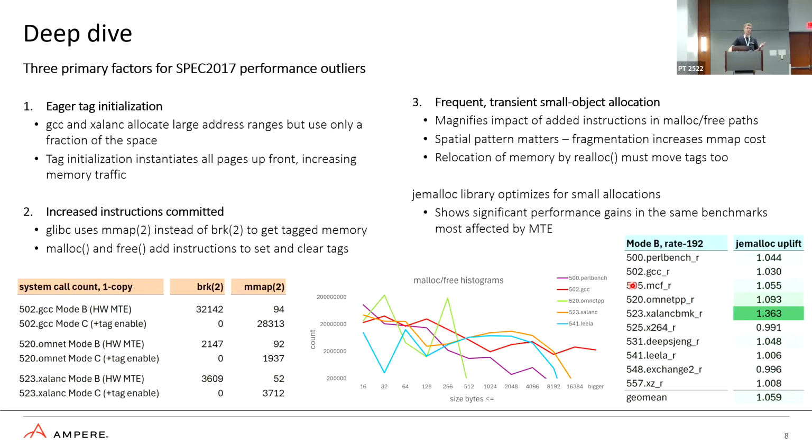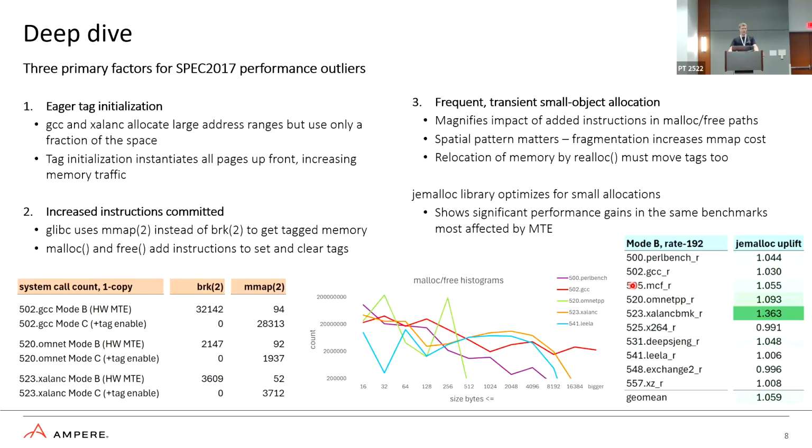Without tagging, those pages are never touched, and so they're never instantiated. They don't really exist. But with memory tagging, as soon as the allocator gets the memory, it goes through and writes to every line in that page to initialize the tags, creating a whole bunch of excess bandwidth. And because it's SPEC, which we love, and we're not doing rolling round robin yet, those spikes in bandwidth tend to occur from all cores almost simultaneously, which is the worst case for SoC performance.